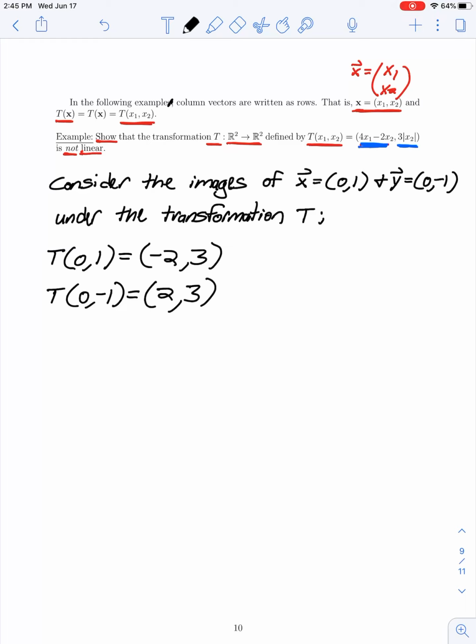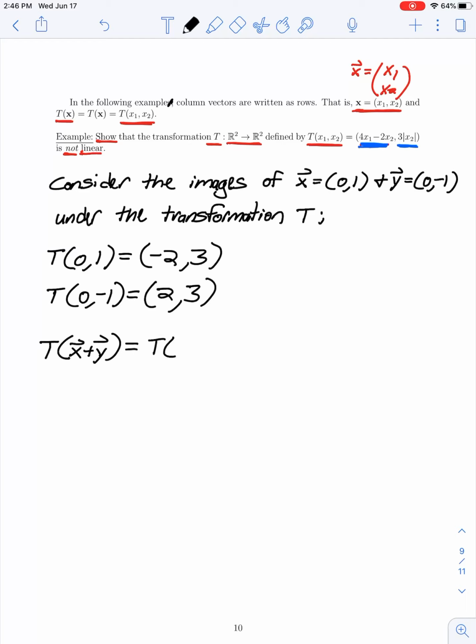Now let's consider the sum of these values. If I were to look at T of the sum of x and y, I should, if this is linear, have T of x plus T of y. Now let's see if that's true.